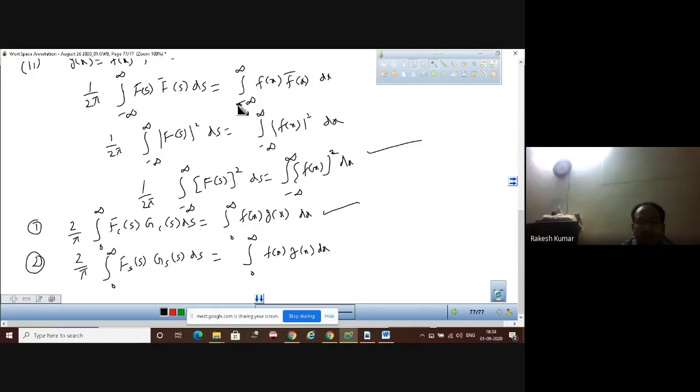In a similar way as we have proved part number one, you can prove these two results, number one and number two.